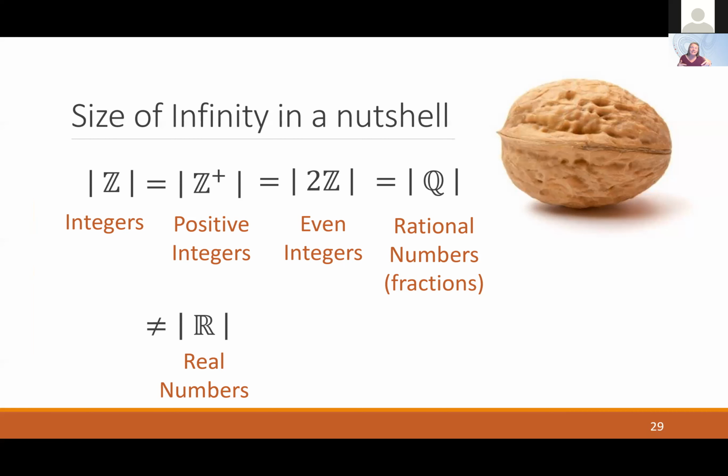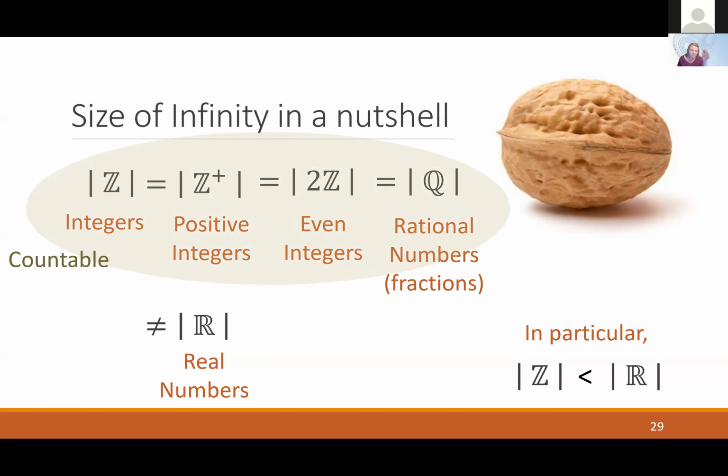If we try to list them as he showed you, you can always find another decimal that's not in your list. So in particular, the cardinality of the integers is less than the cardinality of the real numbers. Those two sizes of infinity are very different.